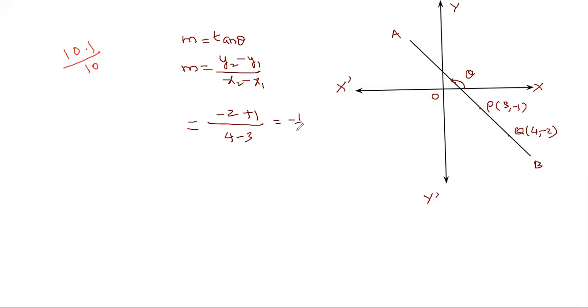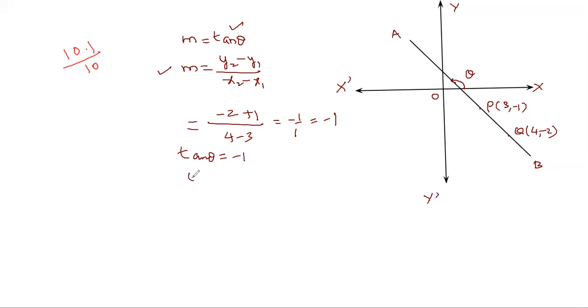We are getting minus 1 by 1, so minus 1. So tan theta, that means m, is also minus 1. So you can equate with this one. So tan theta is equal to minus 1.